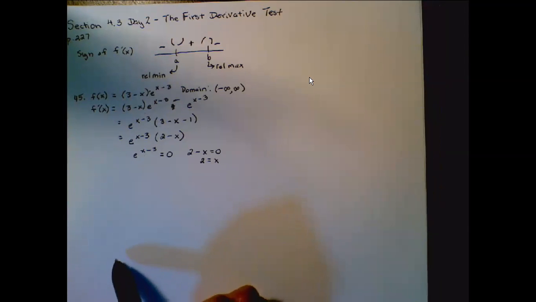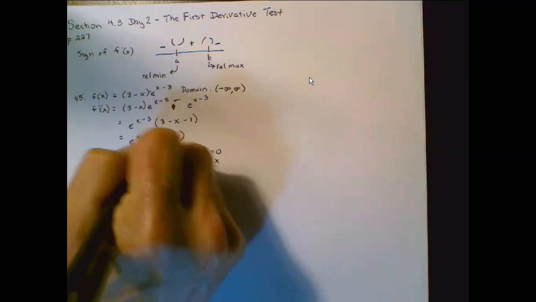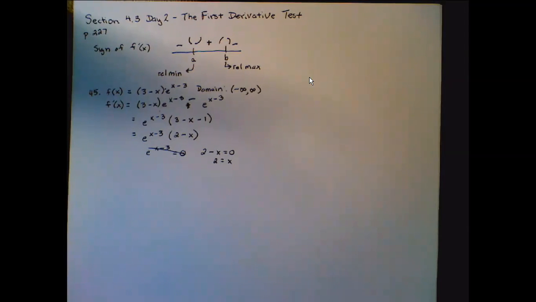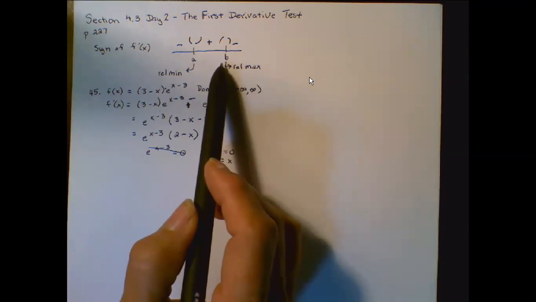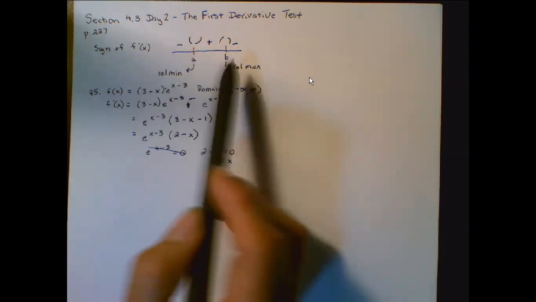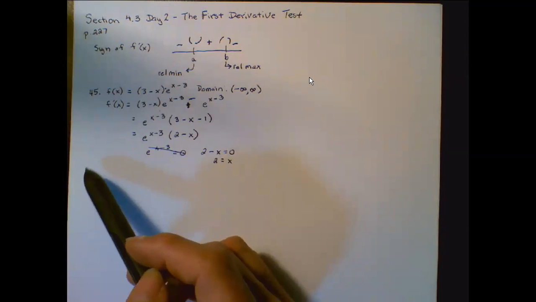No, there's not. So this just doesn't have a solution. So there's only one critical number, it's 2. So that's the only number you'll have to put on your number line and find the sign of the derivative to the left and to the right of 2.